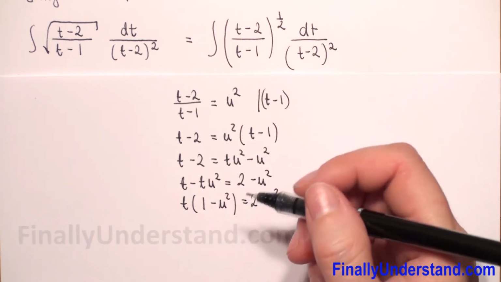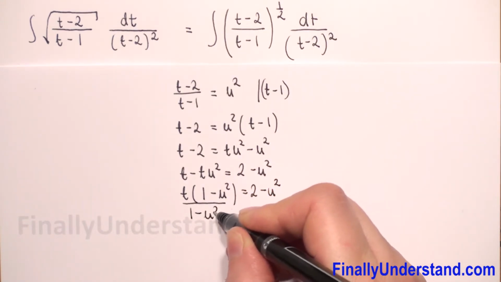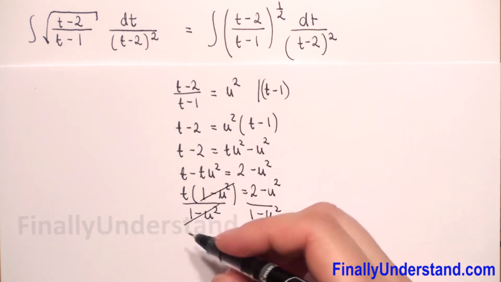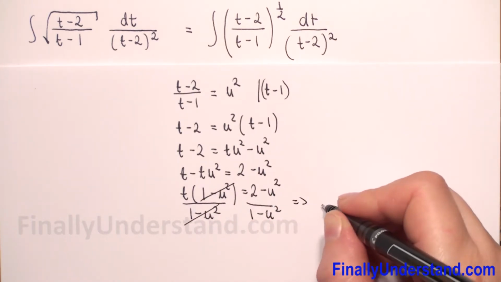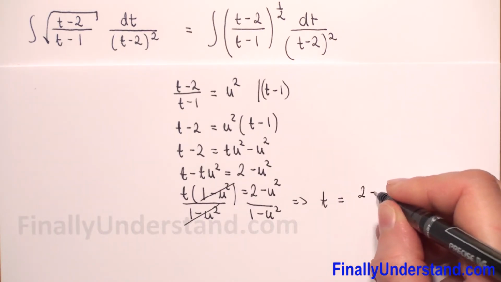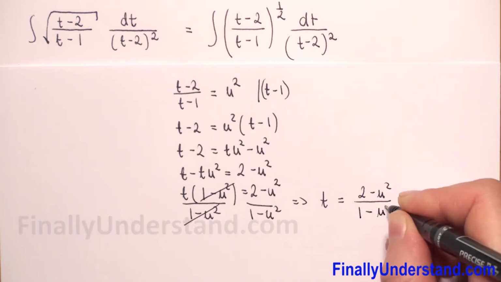Now we will divide both sides by 1 minus u square. We can reduce now, and we have that t is equal to (2 minus u square) over (1 minus u square).